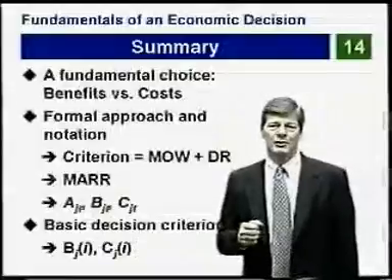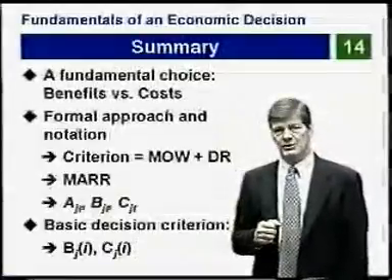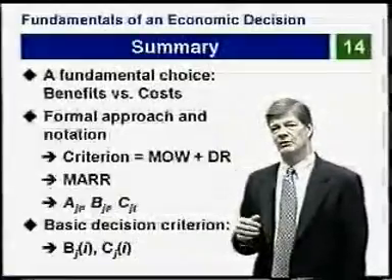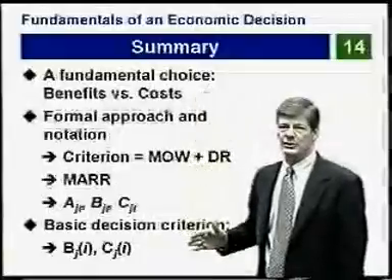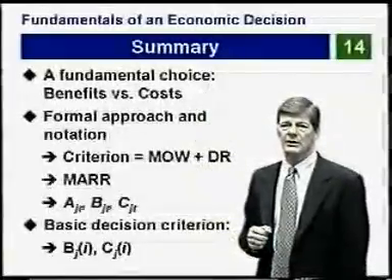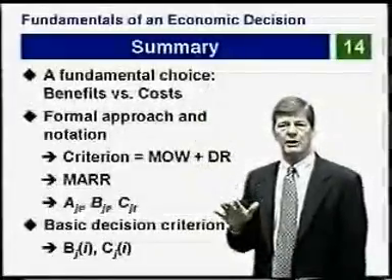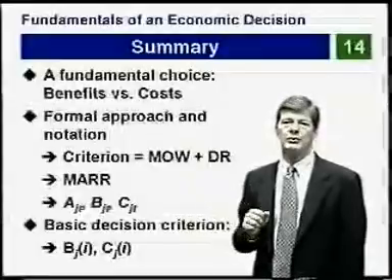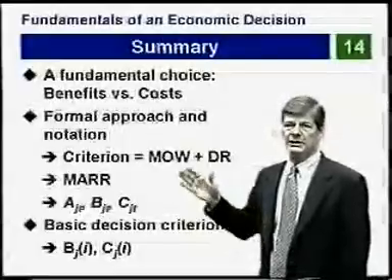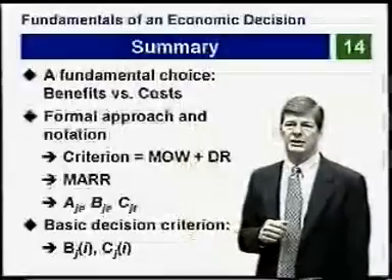In upcoming lectures, we're going to introduce a number of other economic decision criteria. Fundamentally, they are all based on these same concepts. The manner in which they will express economic value will be different, but fundamentally, they are all based on these concepts.